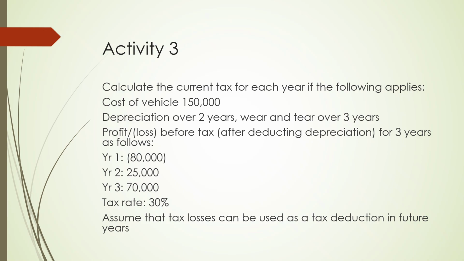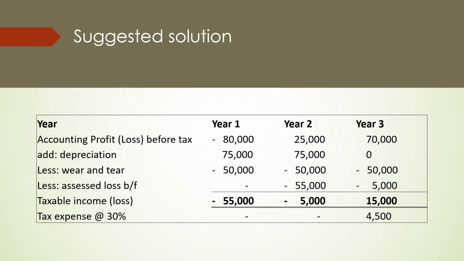The applicable tax rate is 30%, and you are required to calculate the taxable income as well as the tax expense over 3 years, assuming that the tax losses can be used as a tax deduction in future years. Before we can calculate our taxable income or a tax loss and the tax expense, we first have to start with calculating our depreciation and wear and tear.